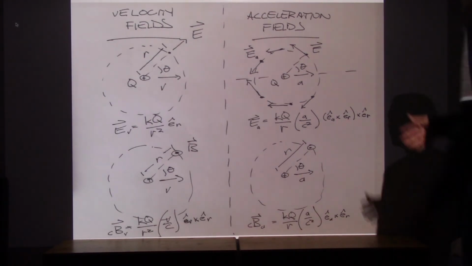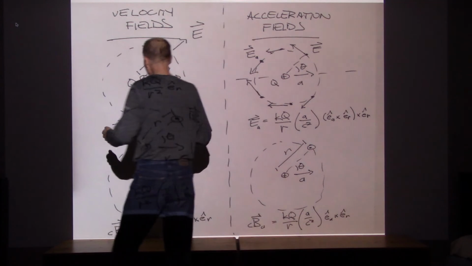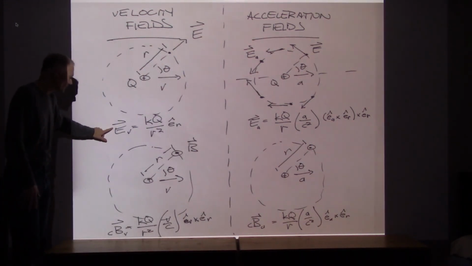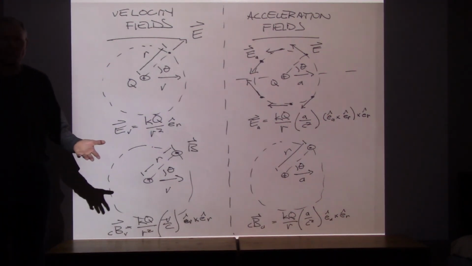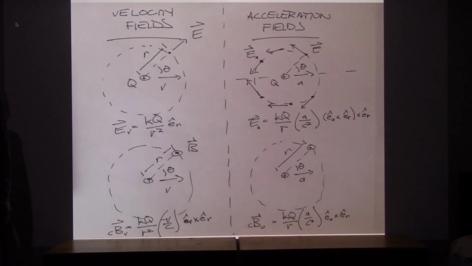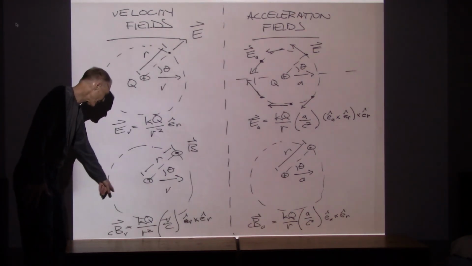So again, this is our old original chapter 21 formula for electric fields, and this is our, well, not so old, but chapter 27, or chapter 28, I guess, formula for magnetic fields.